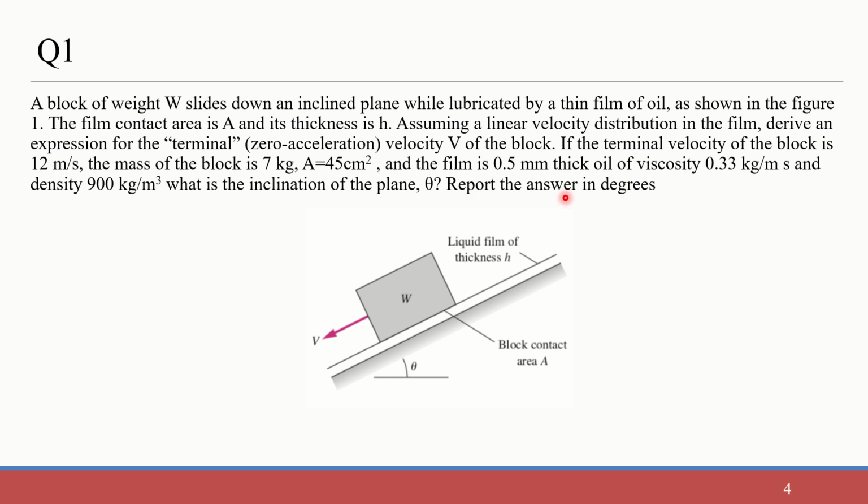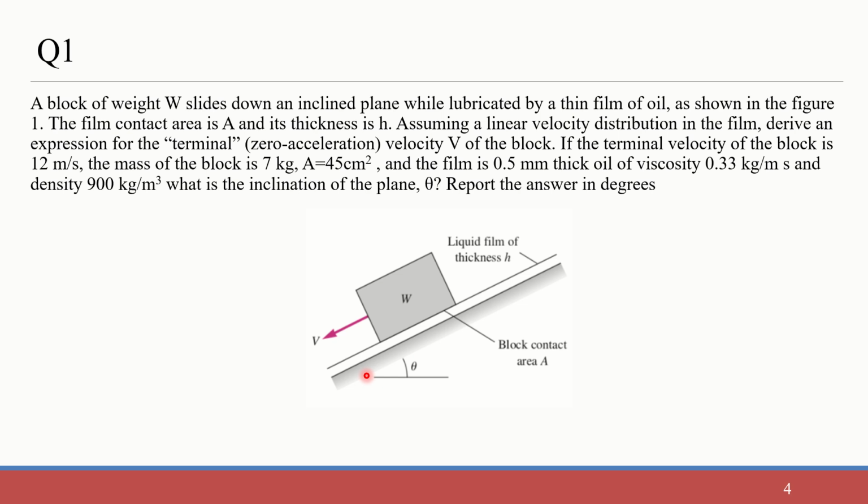So we are given all the information and we are asked to find the inclination of the plane. Imagine we are keeping some slide, and in that slide a block is moving.